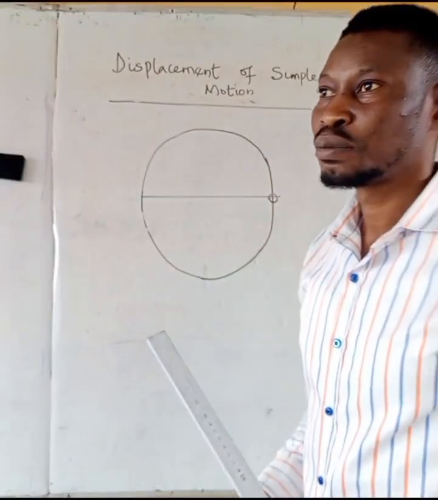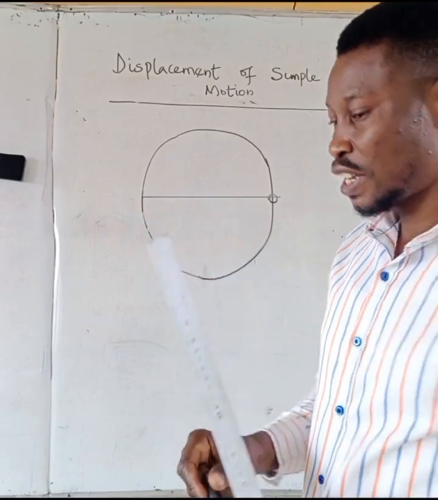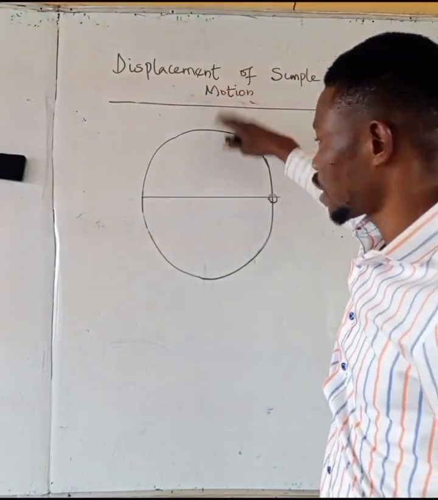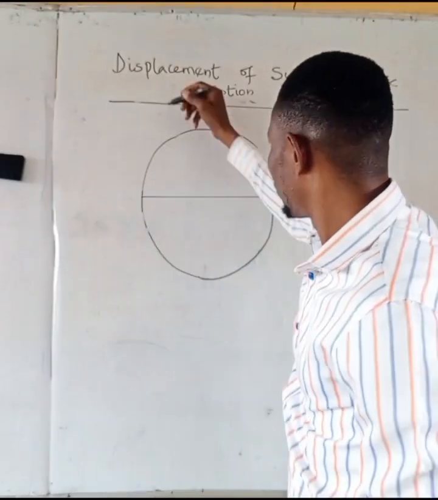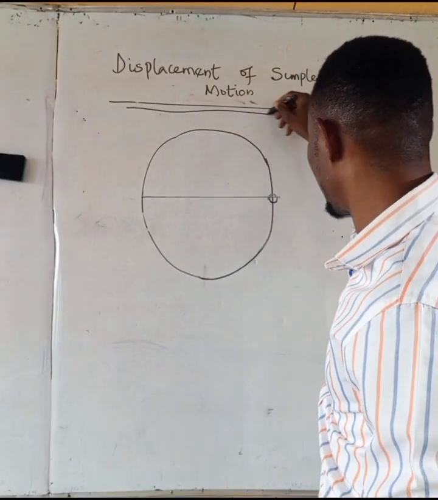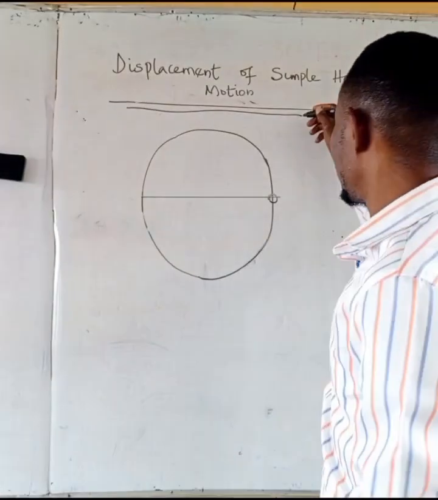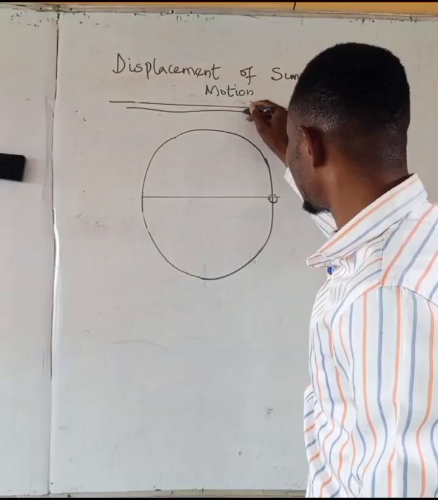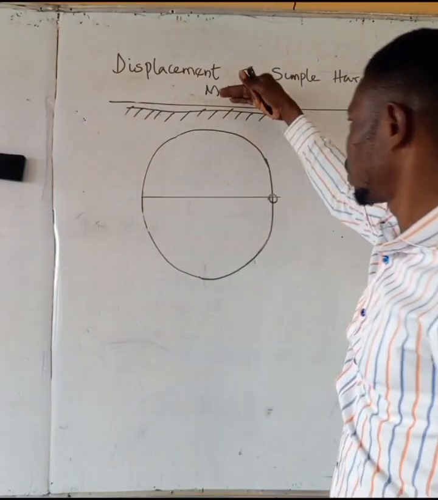Now, consider that we have a flasher, a device that continues to flash light on the object as it moves. And then we decide to place the flasher somewhere here, since we want to consider the projection on the horizontal axis. This is a flasher or a flash tube, if you like, that brings out light.